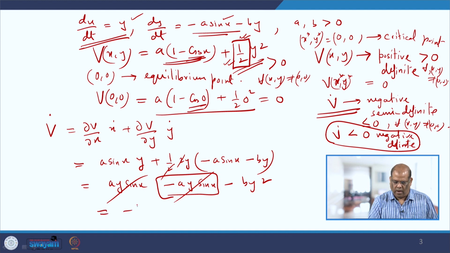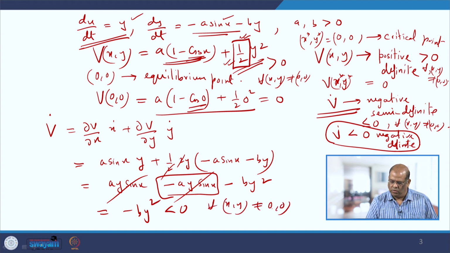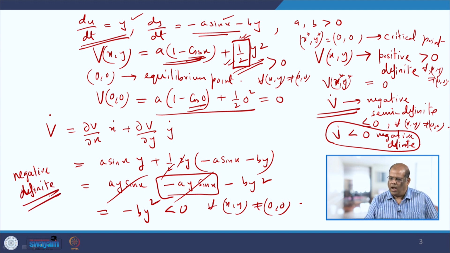So, this you get minus by square, and this is less than 0 for all (x,y) not equal to (0,0). So, this satisfies negative definite, and you can say that the origin is asymptotically stable.